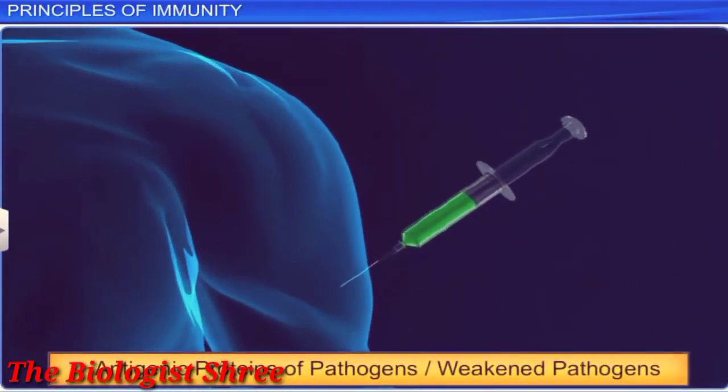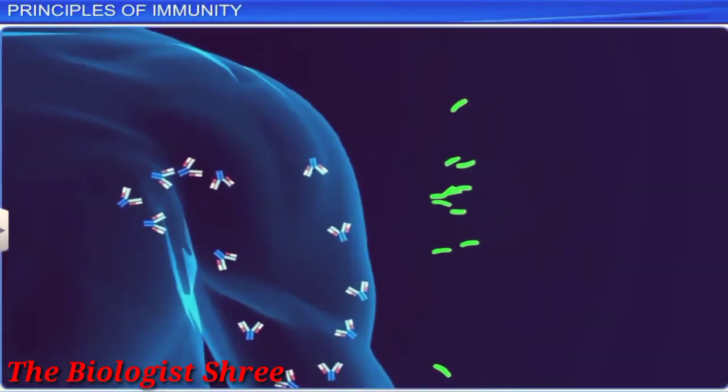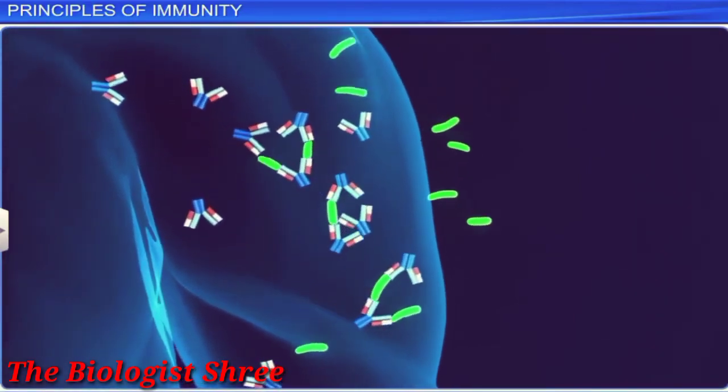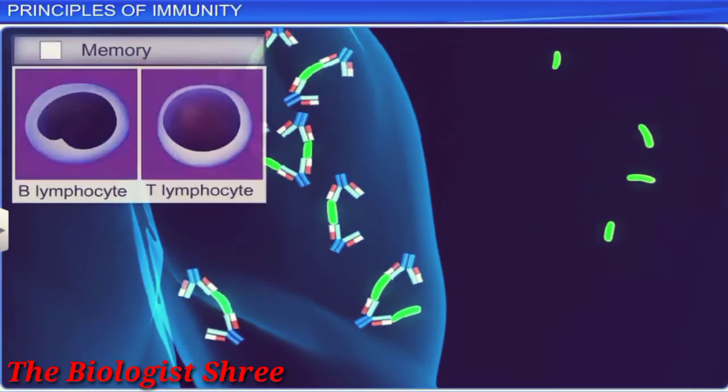A preparation of antigenic proteins of pathogens or an inactive or weakened pathogen is introduced into the body as a vaccine. The antibodies produced in the body against these pathogens are then able to neutralize the pathogens during an actual infection.